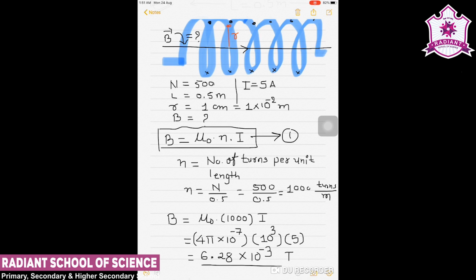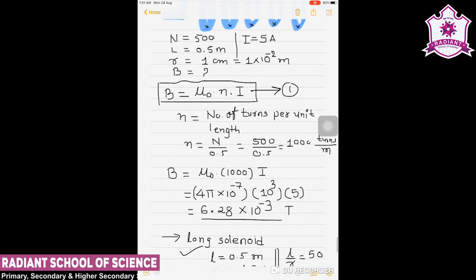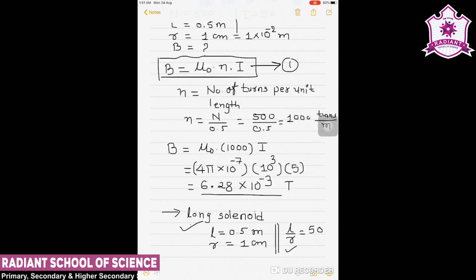The value of mu 0 is 4 pi into 10 raised to minus 7, 1000 can be written as 10 to the power 3, and I is given as 5. So it will be 6.28 into 10 raised to minus 3 Tesla. Now this equation is only applicable to a long solenoid. This solenoid is considered long because its length is 0.5 meter, while the radius is 1 centimeter.